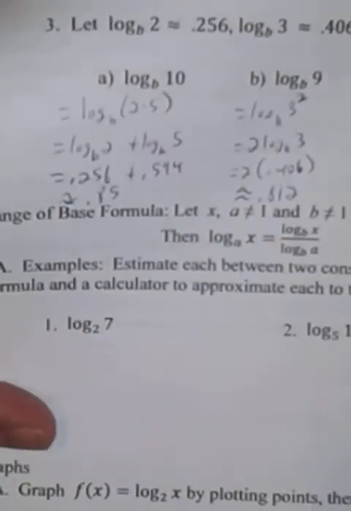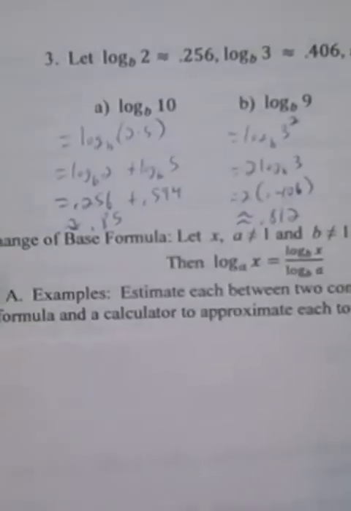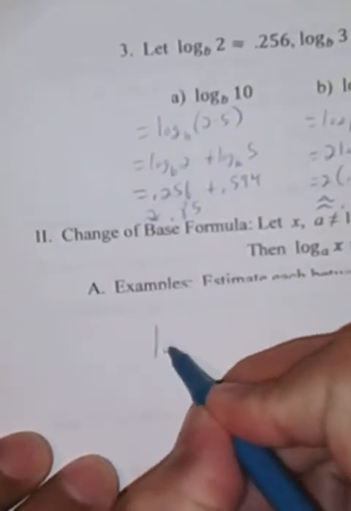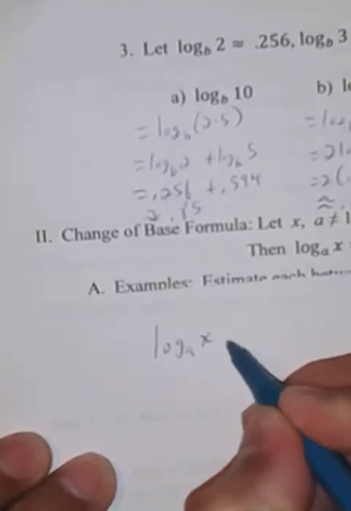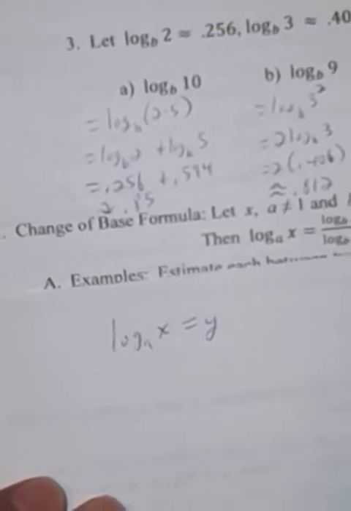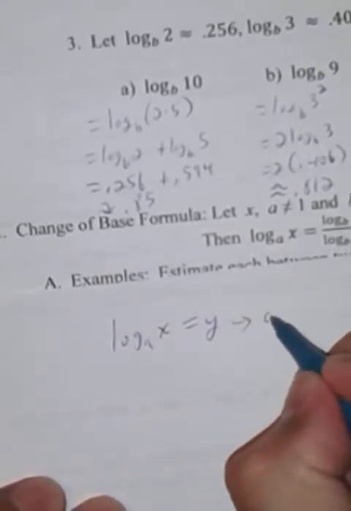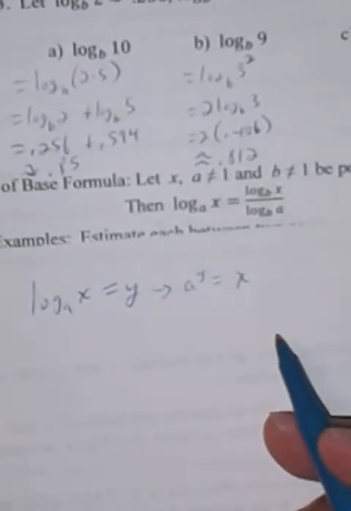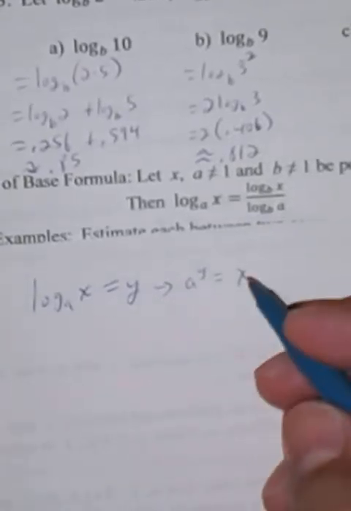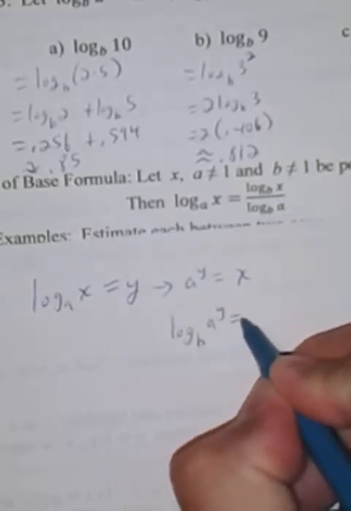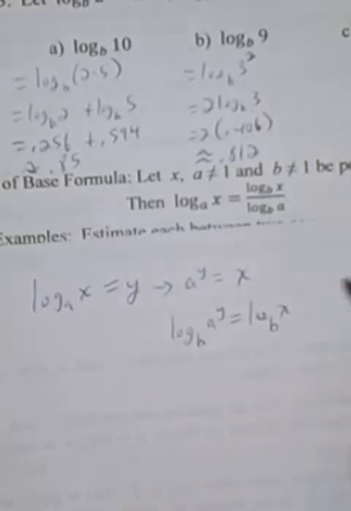So how can we do that? I'm going to start with the following. Log base a of x is some number y, and that means a to the y equals x. If I take a to the y equals x and take some log of some base b, that's going to be log base b of a to the y equals log base b of x.